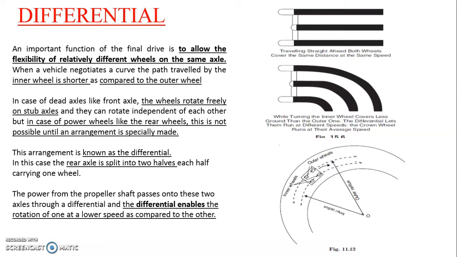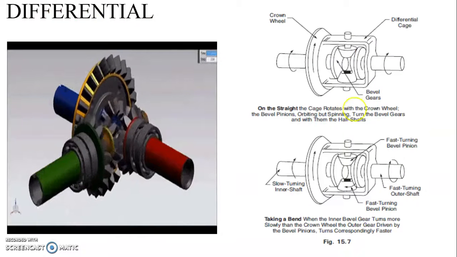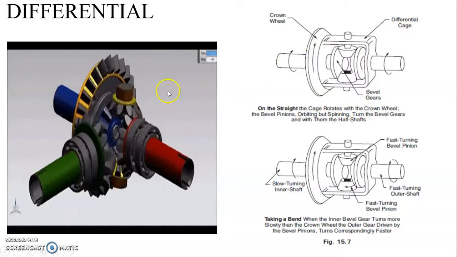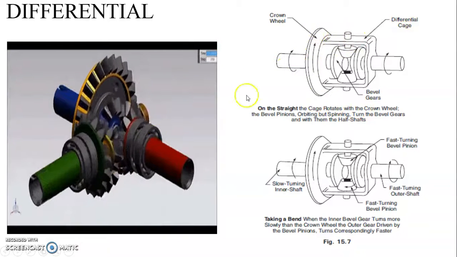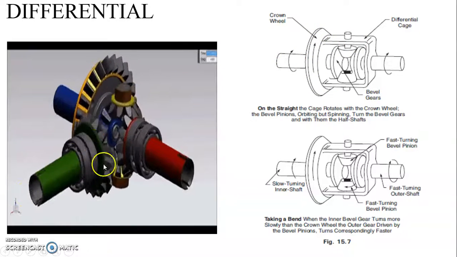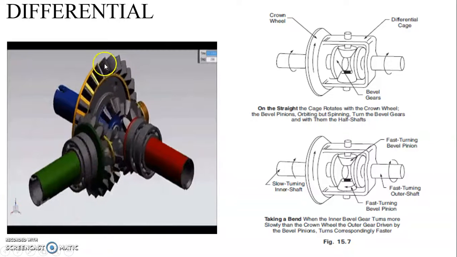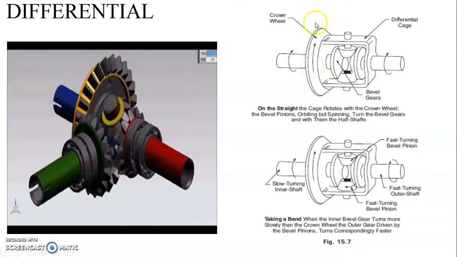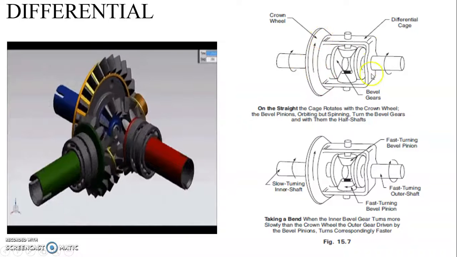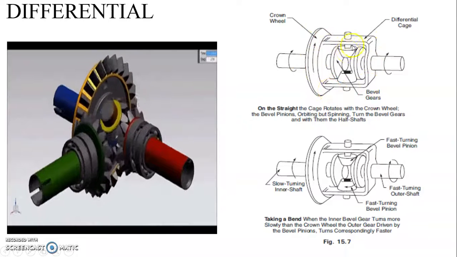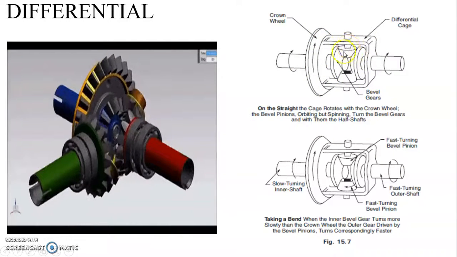Okay, here we will see the animation so that you will understand the construction. Here is the propeller shaft, and to the bevel gear, this is the crown wheel. Here is shown the crown wheel, and this is the differential cage, and this is the bevel gear pinion and bevel gears.